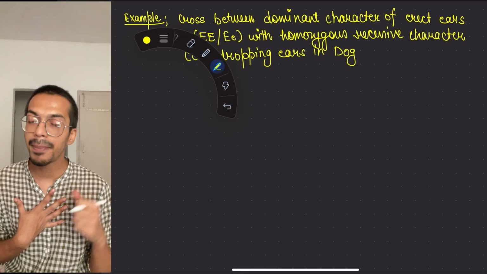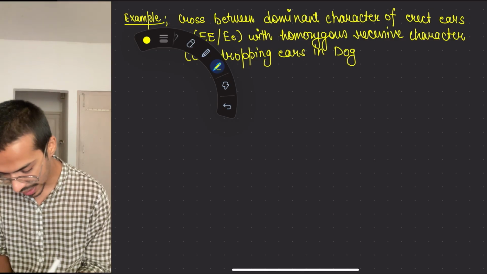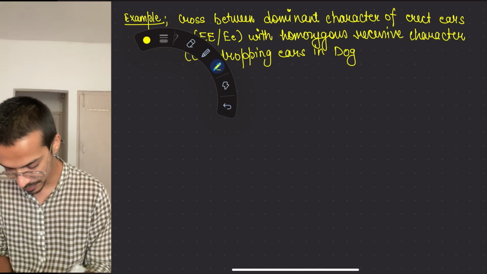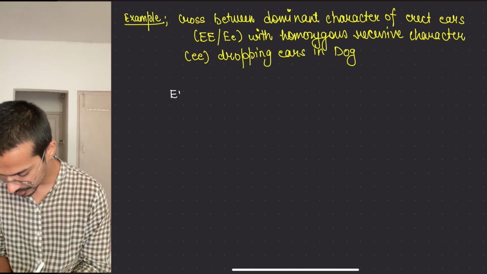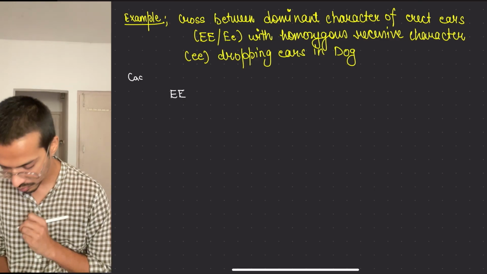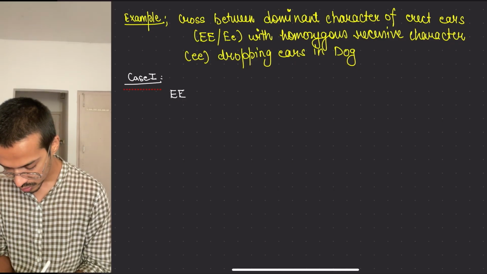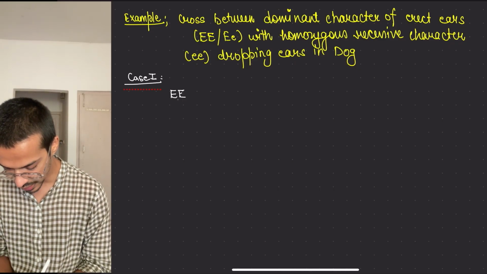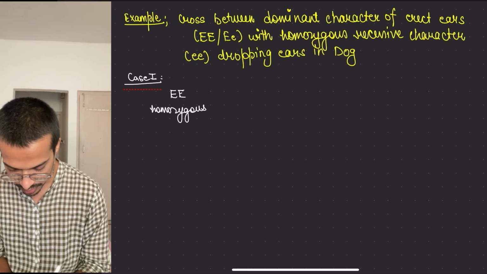Let's check it. For example, imagine I have a homozygous condition. My partner would be the drooping one, which is a recessive one. So case 1, that is dominant, the homozygous case. This is the female part.